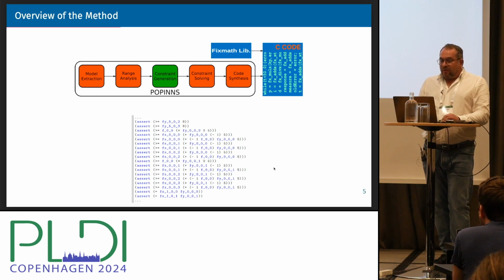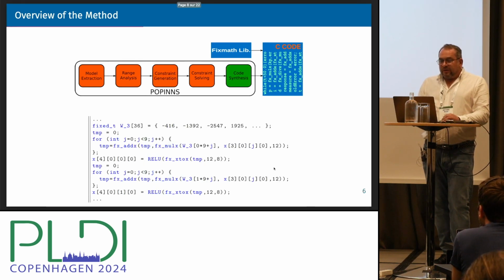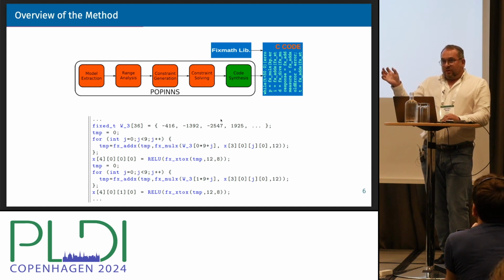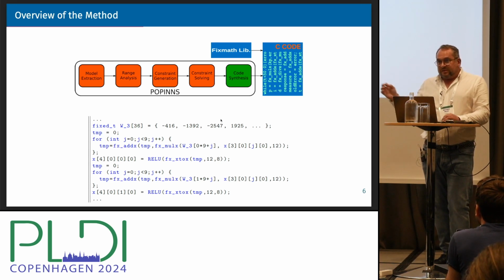And once we have the answer, we use it to generate a fixed point code. The outputs of the constraint subsystem are the precisions that we must put for all the weights and all the intermediary results computed by the neurons.